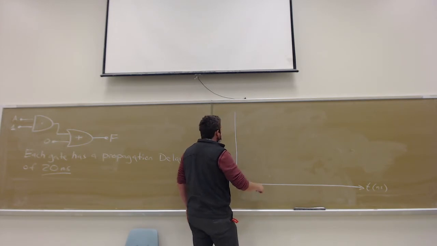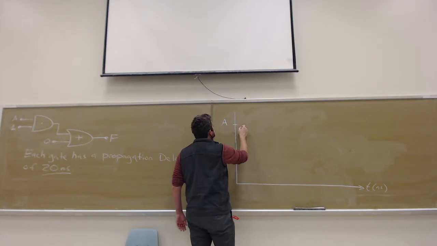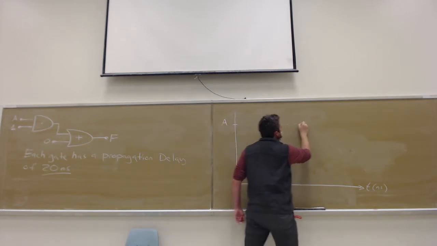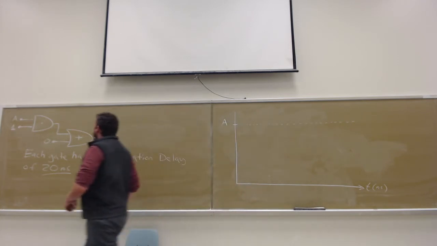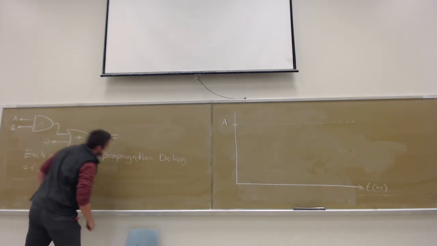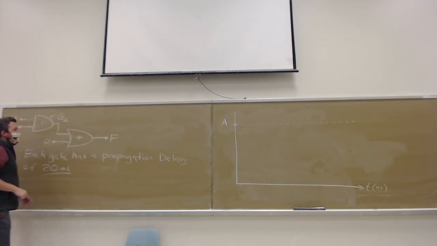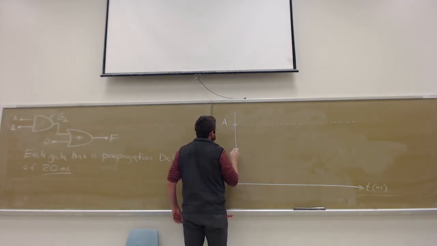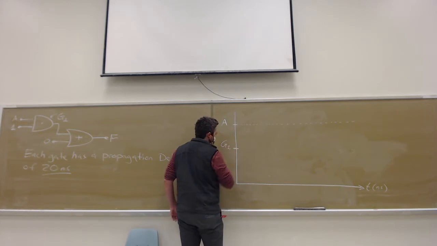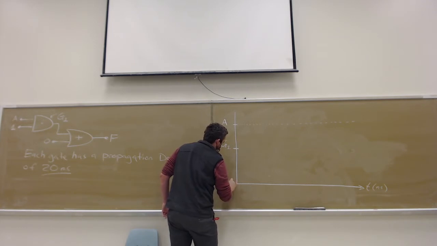Let's have A appear, then G1, the output of the first gate, and then F. How many are there going to be? Just 3, yeah. Okay. And then we'll put F down here on top.